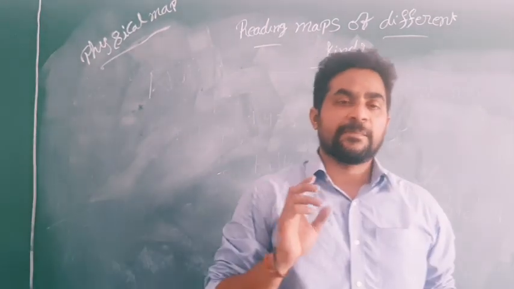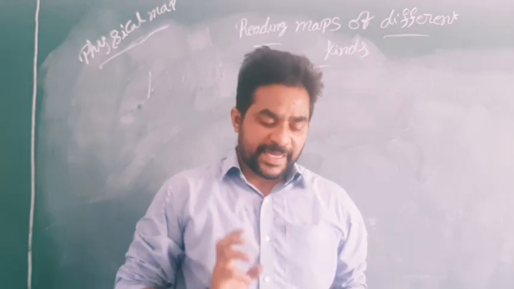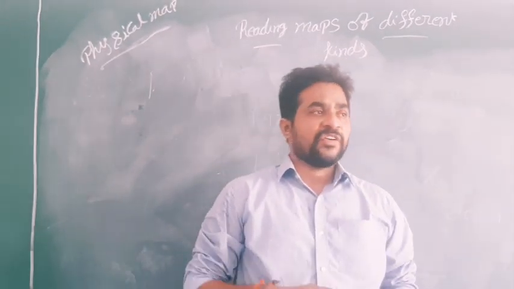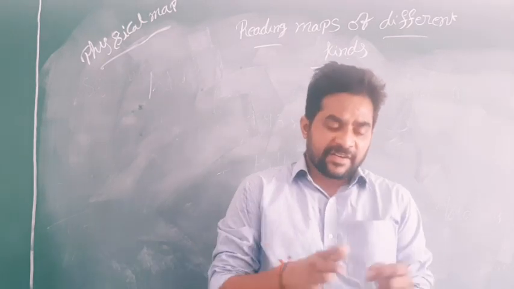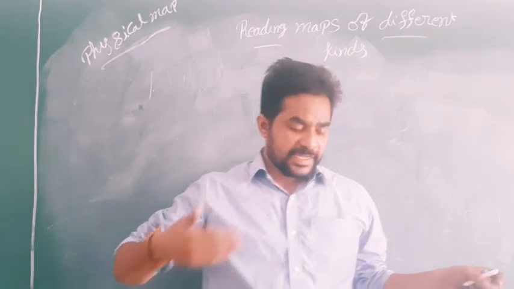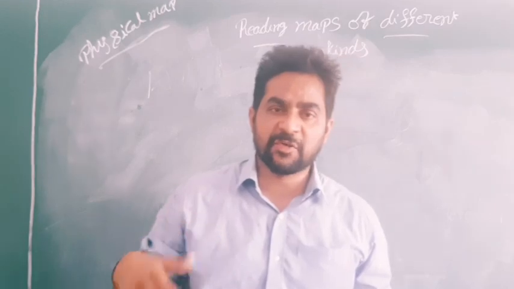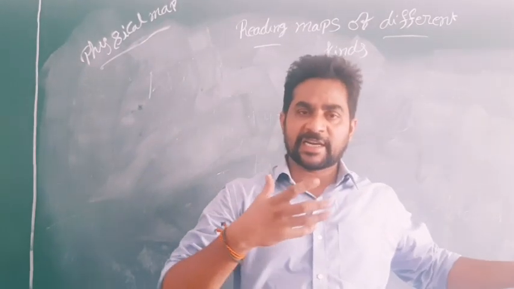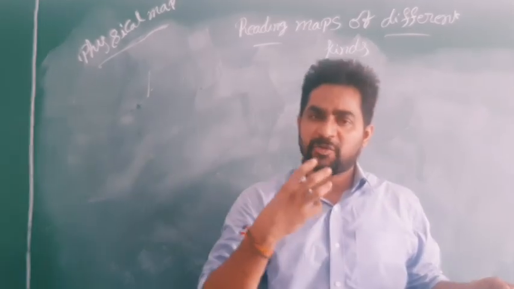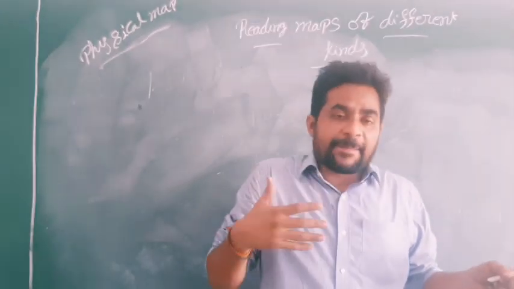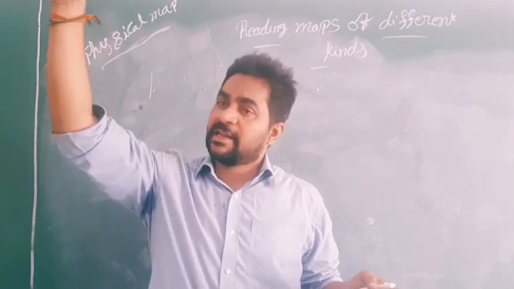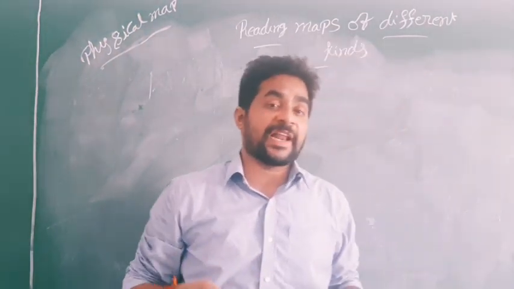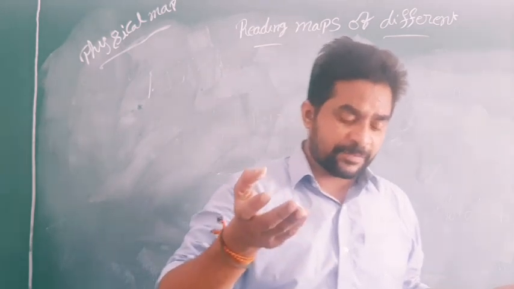Physical maps show the physical divisions of a country. Physical divisions means how we are physically dividing. See the physical structure of a human being, how we have hands and organs, how the structure of a human being appears to people. Similarly, a country also appears with physical divisions like landforms.